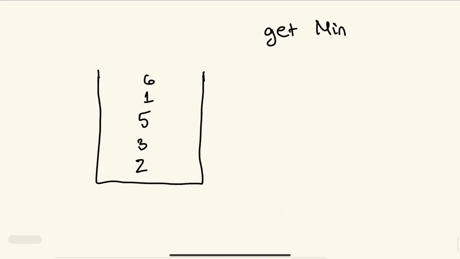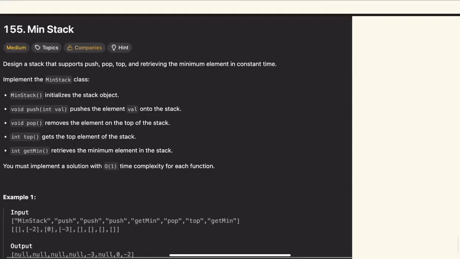So I'm thinking of how to get a minimum value. In this case, we know that if 6 is still here, if 1 is still here, we're going to have the minimum value of 1. But if we pop it out of the stack, the minimum would equal 2. So what I'm saying here is that it also depends on the state of the stack.